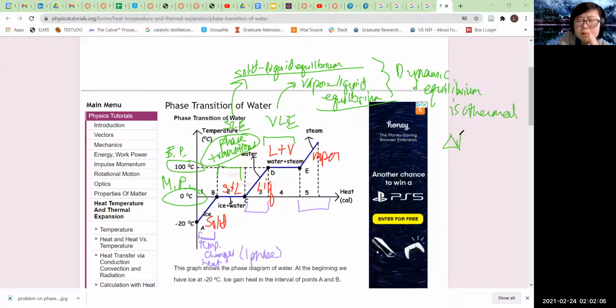You would use delta H fusion for melting or freezing, and you would use delta H vaporization for evaporation or condensation.